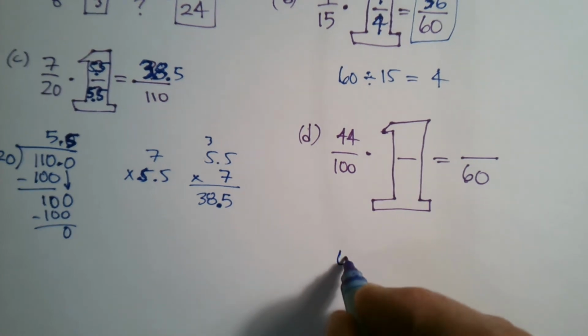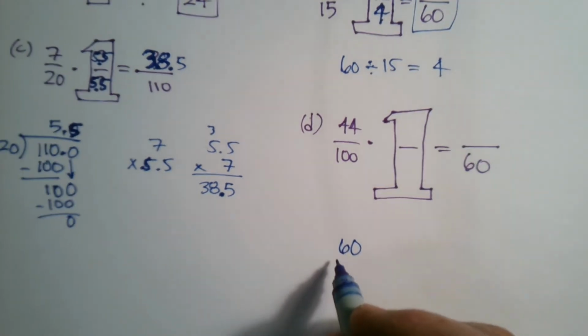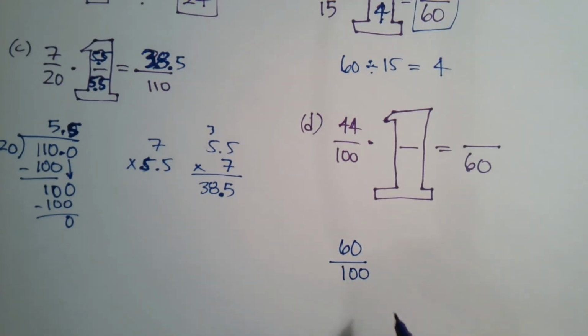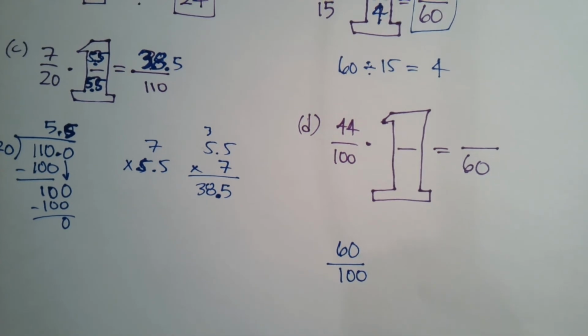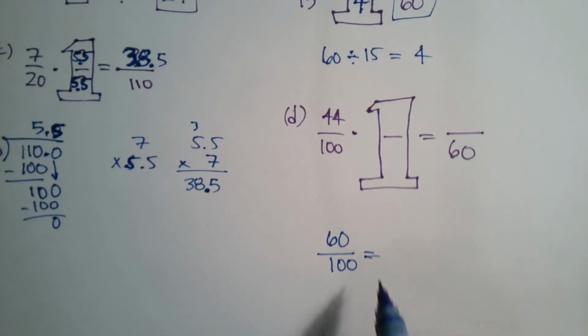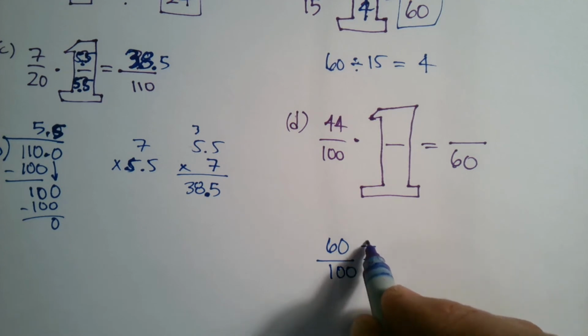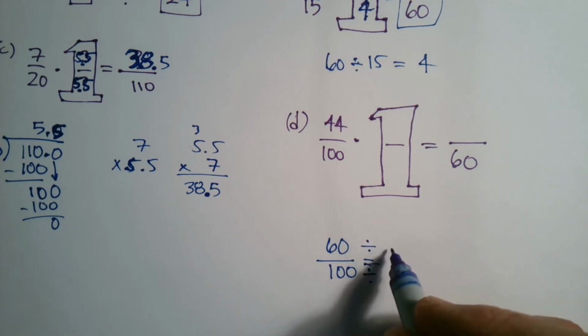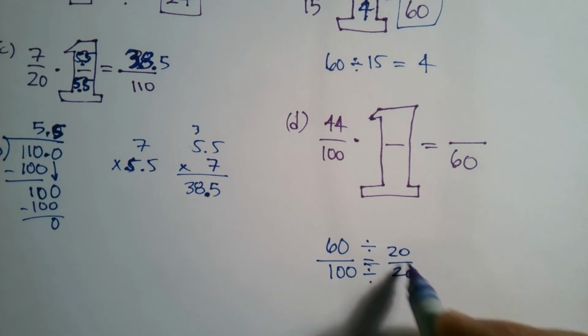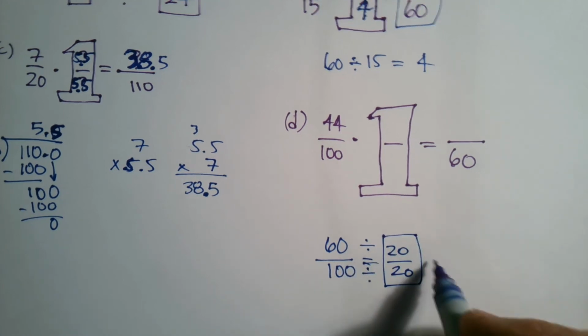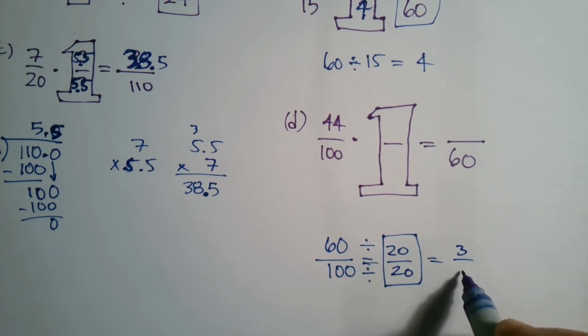And this time I'm going to write it like a fraction. When we do 60 divided by 100, you can write it like a fraction because fractions really show division. So 60 over 100, and then I can simplify this fraction, right? I can simplify it because it divides by a giant 1, which is 20 over 20. So I can divide by 20 over 20, which gives me 3/5.